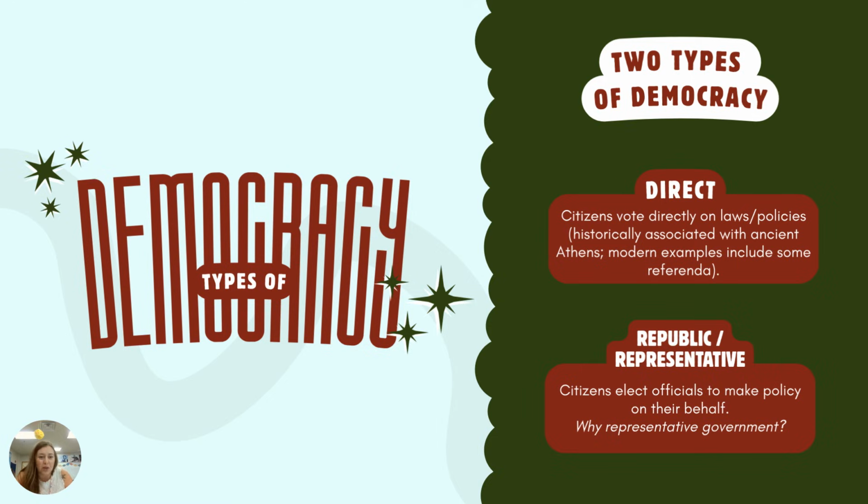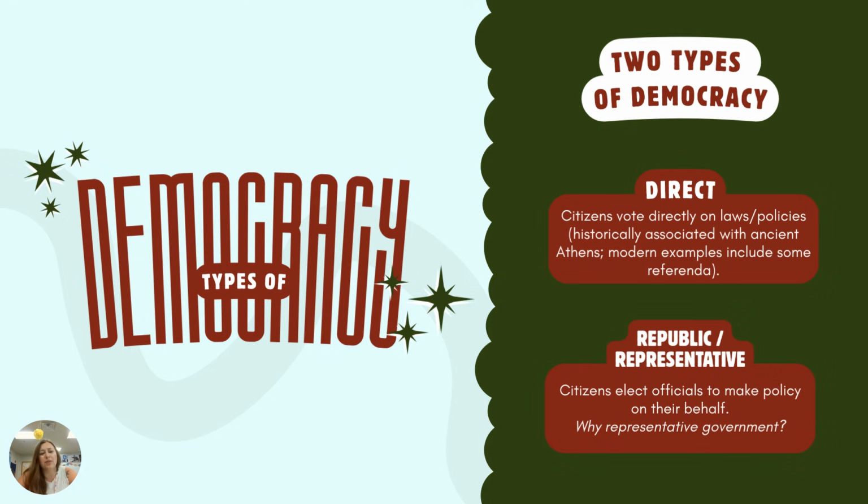We vote on the healthcare bill, the farm bill, okay? You can imagine how quickly voting would get overwhelming, right? Traditionally, a direct democracy is associated with ancient Athens, where every citizen had a vote on policy. I put citizen in quotations because that meant you were a landowning male in ancient Athens, right? So it wasn't everybody.